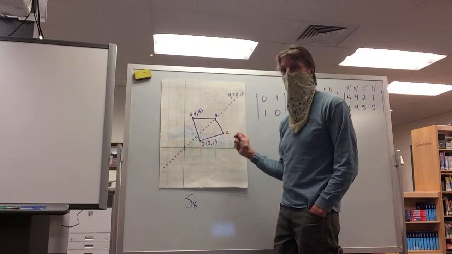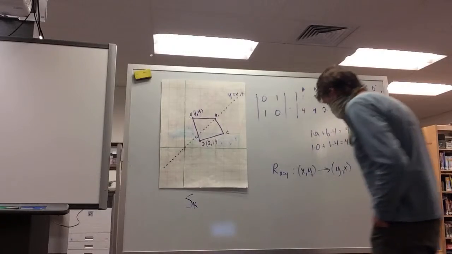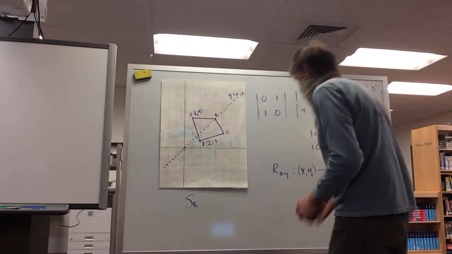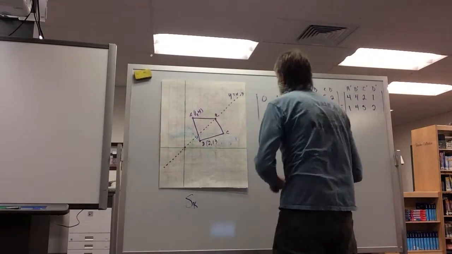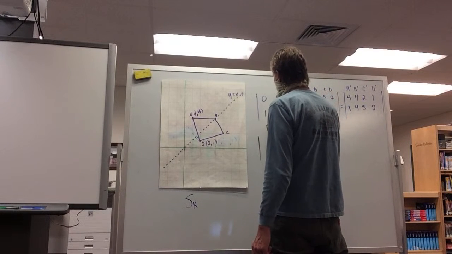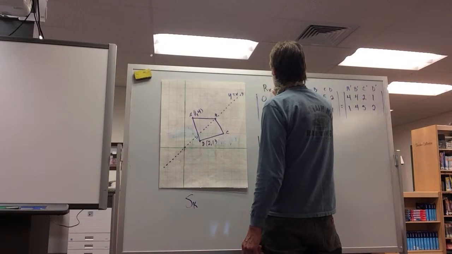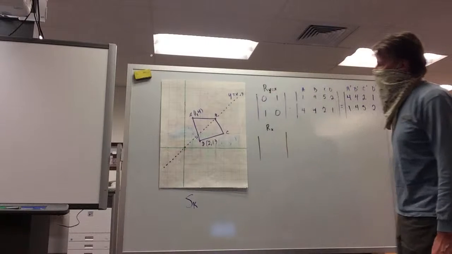It's still going to have the same x value, but the y value is going to be its opposite. This is over the x or the y axis? Yeah, so this is going to be reflection over the x. Up here, we've got reflection over the y equals x. So reflection over the x-axis.